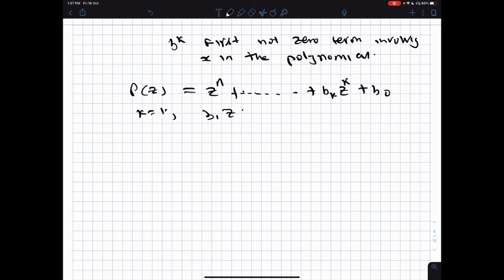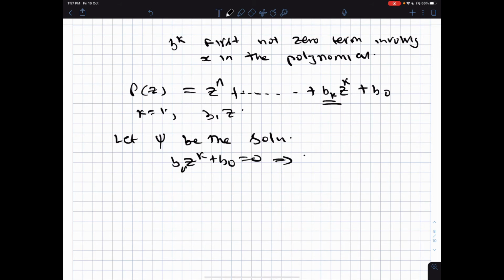That's okay. So the first non-zero coefficient is at bk, and let psi be the solution of this equation equal to 0, which is to say that bk psi to the power k plus b naught is equal to 0. This is what I have got.